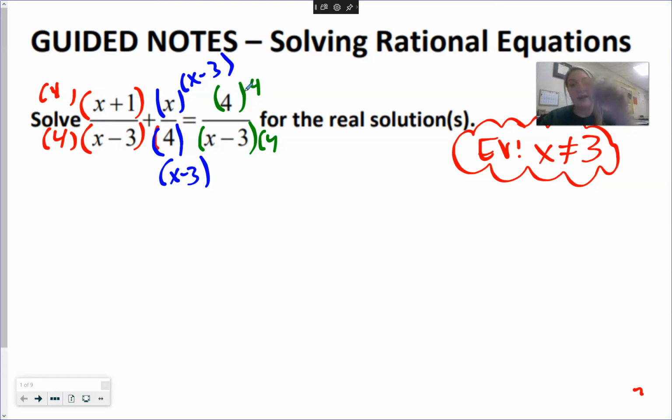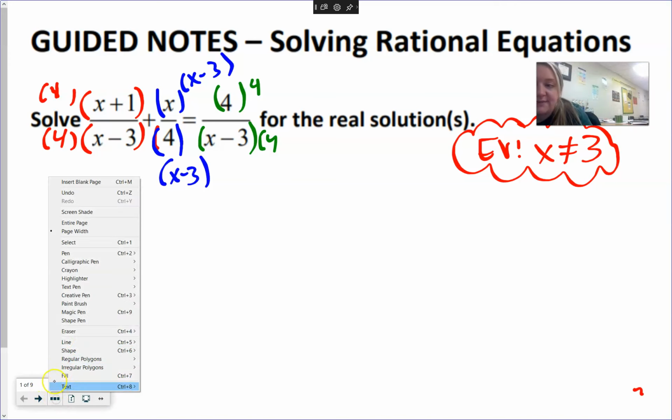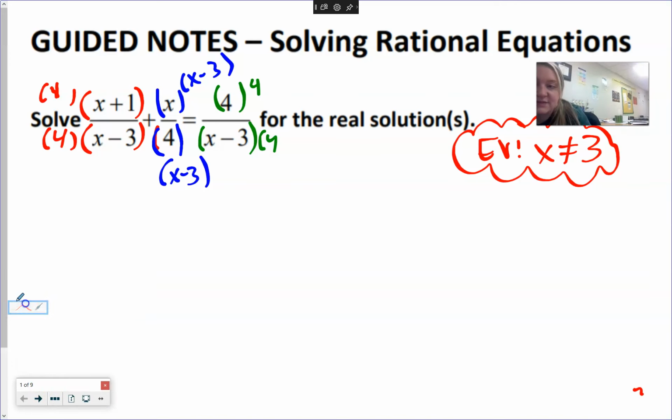So now all of my denominators have a 4 and they have an x minus 3. What's nice with solving is that once the denominators match, I don't need the denominators anymore. They're gone. They've done their duty. We throw them away. Now what we do is we simplify and solve for x in my numerator to finish our problem. So the first one I'm going to simplify is 4 times x plus 1.